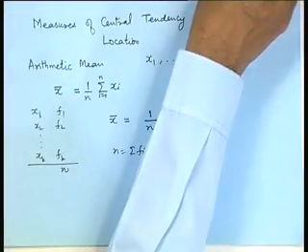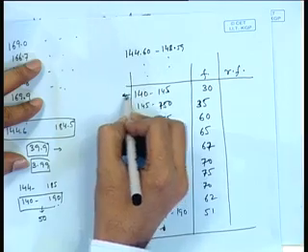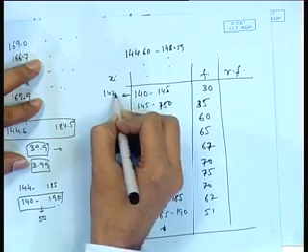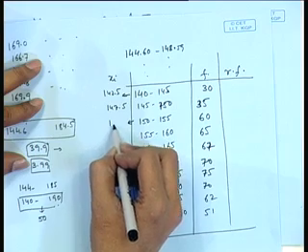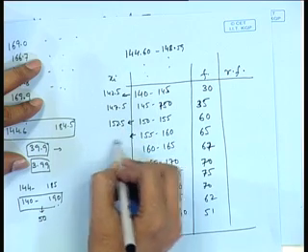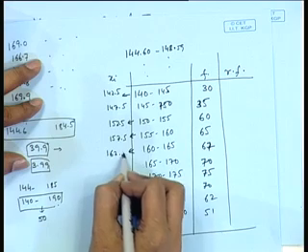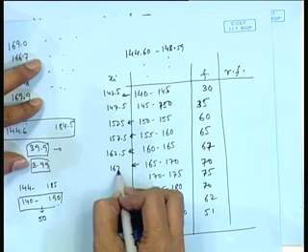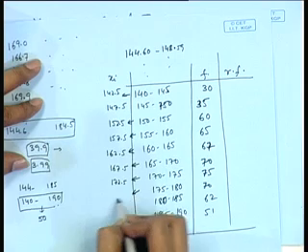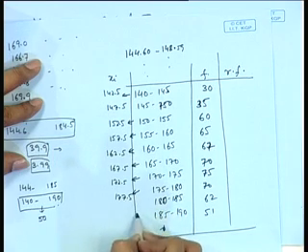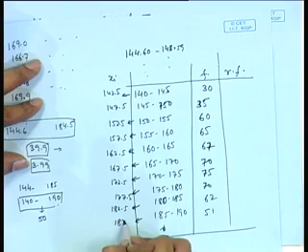So, in this particular example, you may take xi as 142.5, 147.5, 152.5, 157.5, 162.5, 167.5, 172.5, 177.5, 182.5 and 187.5.